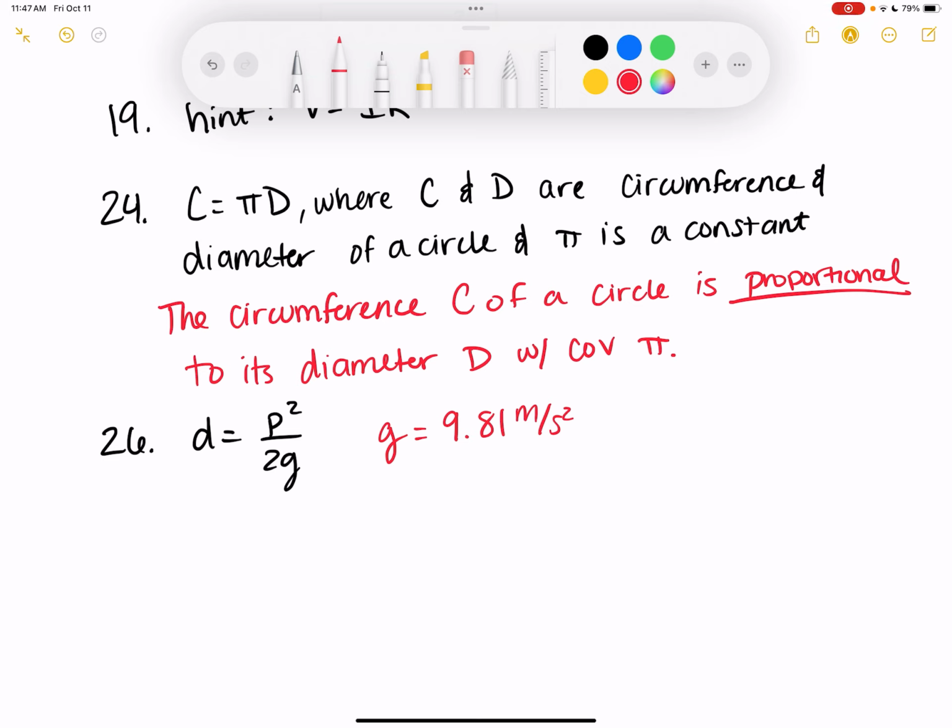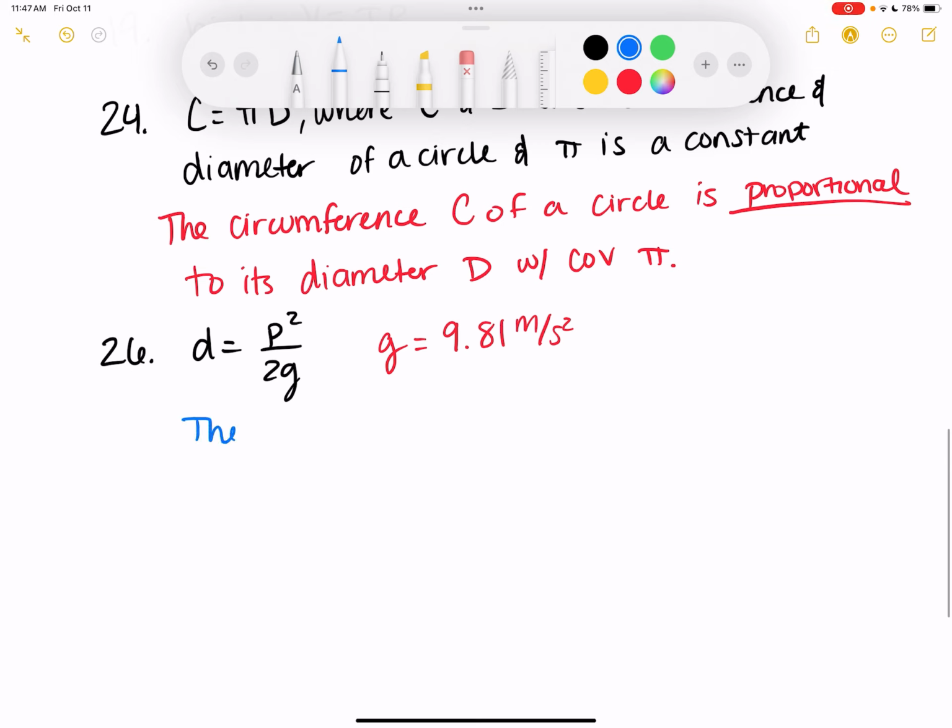I'm looking for either proportional, varies directly, or varies inversely. Inverse goes with negative exponents, so this is direct variation. Direct.